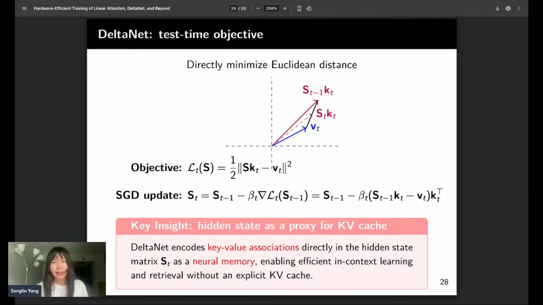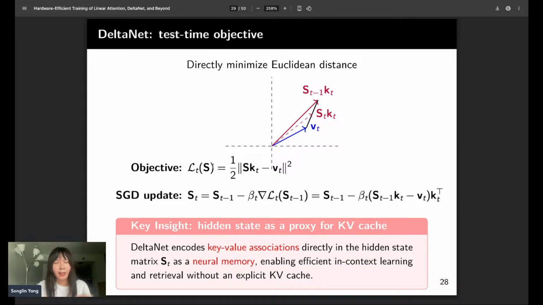The online learning objective of Delta Net is a linear regression loss between the transformed key and the values. In this case, the recurrent hidden state S is regarded as the weight matrix. This view also has an interesting connection to fast weight programming. The recurrent state can be viewed as the fast weight, which changes at every single step.